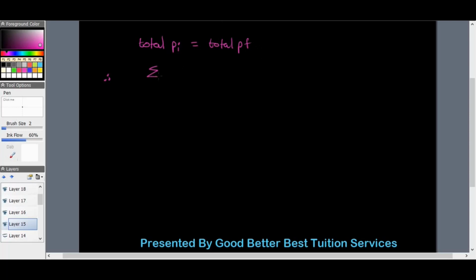We make use of sigma. Sigma, which is sum all, or which is total. Sigma pi equals sigma pf. Total momentum before equals total momentum after. Total initial momentum equals total final momentum. I'm literally saying the same thing over and over, just in a slightly different way. Okay?